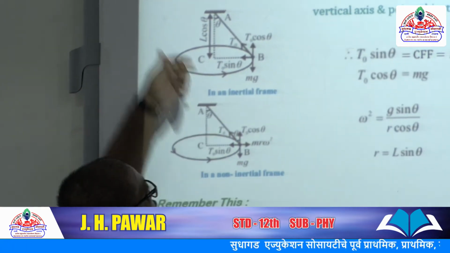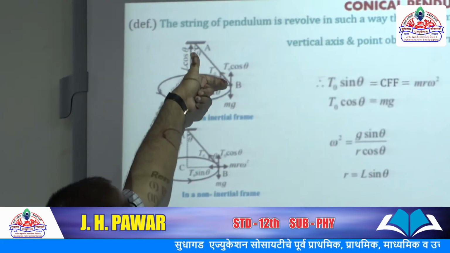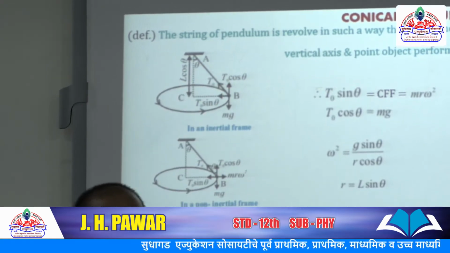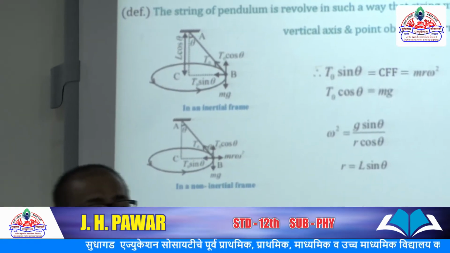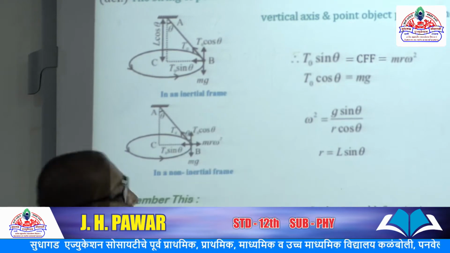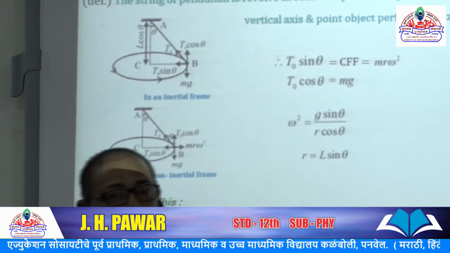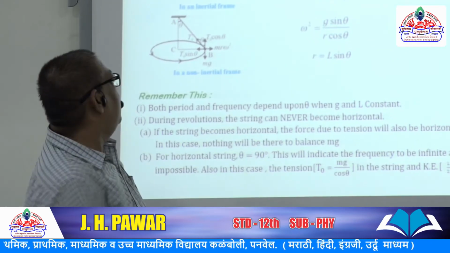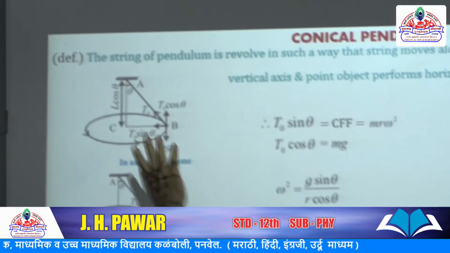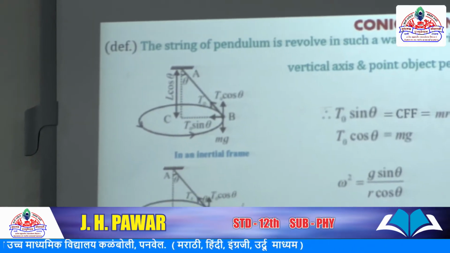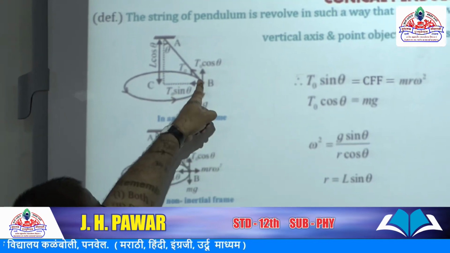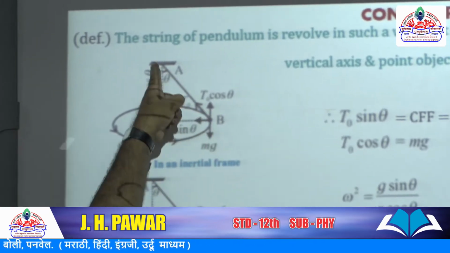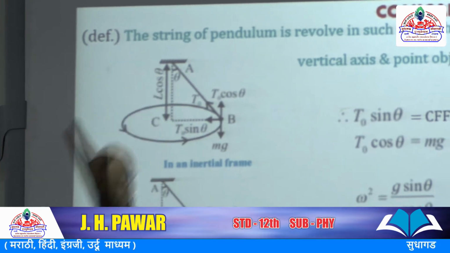Now say at any displaced position during the circular motion of the bob, at any instant, say at point B, this bob is acted upon by two forces. Its weight is acting vertically downwards and tension T0 is acting along the length of the string.